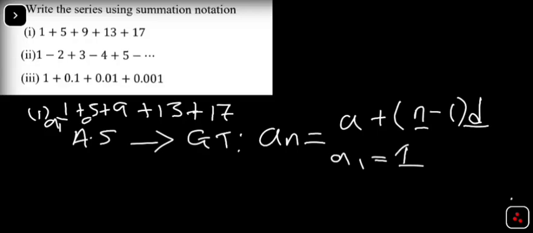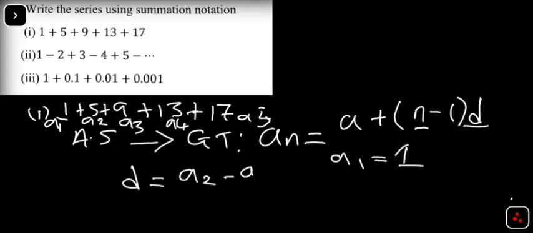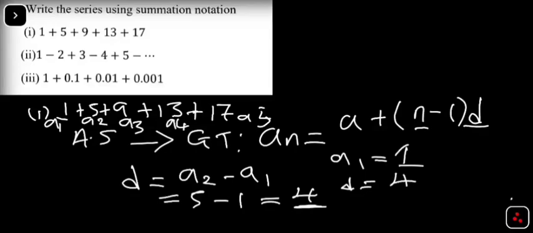So a1, a2, a3, a4, a5. To find the common difference, you subtract a1 from a2. Our a2 is 5, minus a1, which is 1. When you subtract, you get 4. So our common difference is equal to 4.